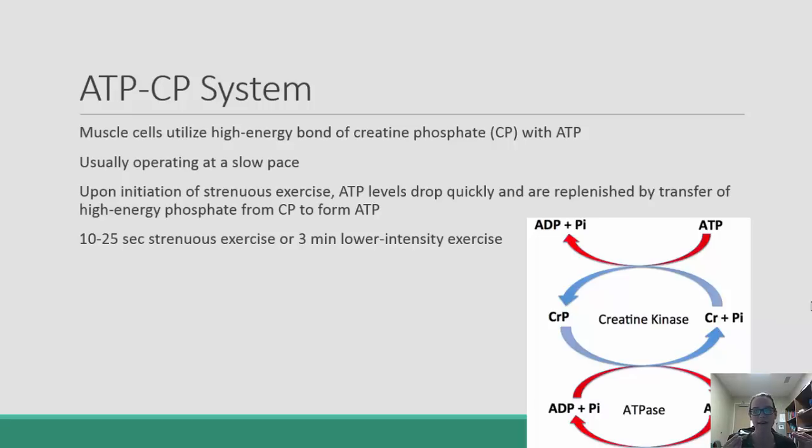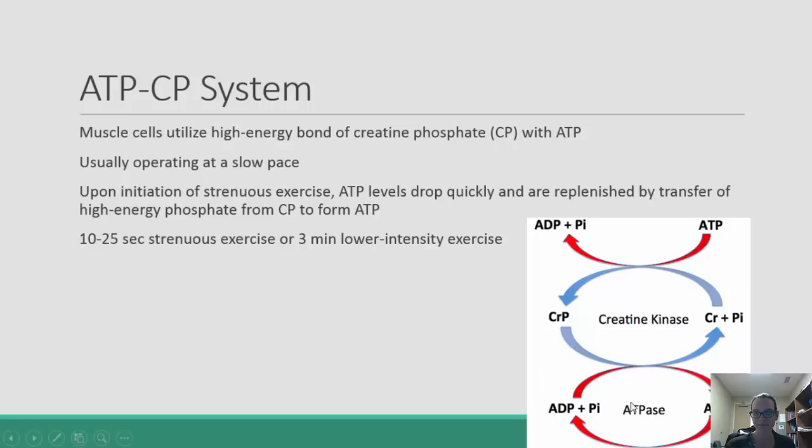And at that very first stage, our bodies have the ability to utilize this ATP creatine phosphate system, which replenishes our ATP by transferring a high energy phosphate from the creatine phosphate to form ATP. So this is an example of substrate level phosphorylation.